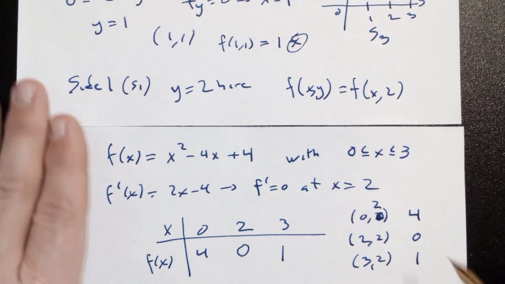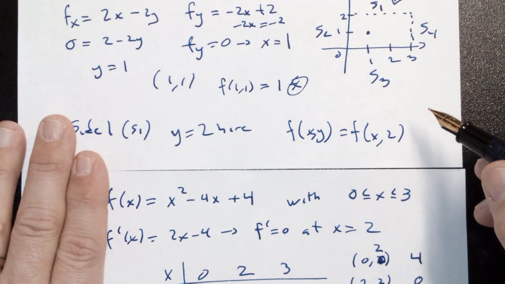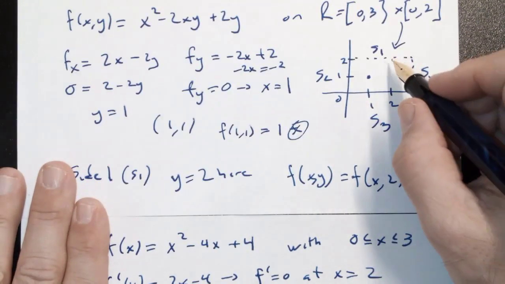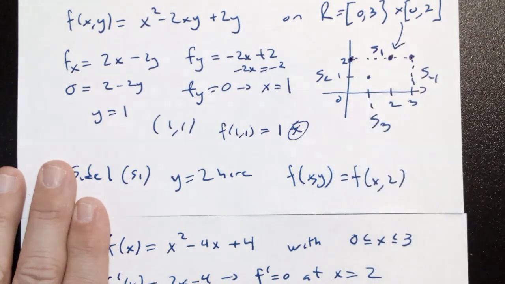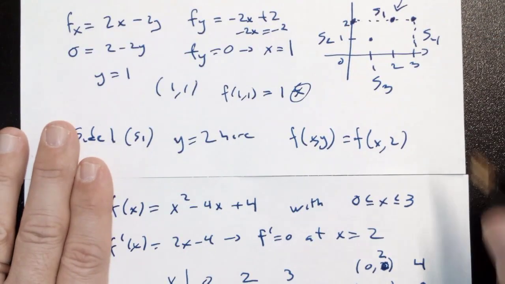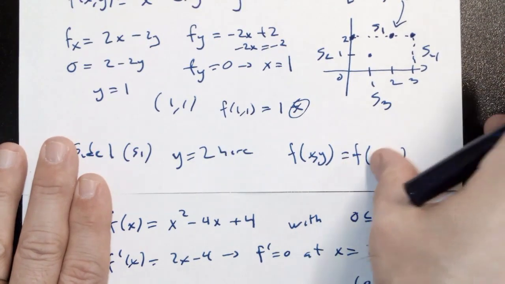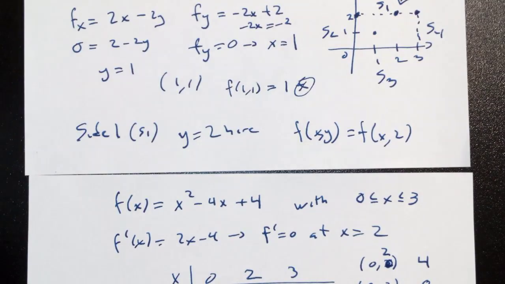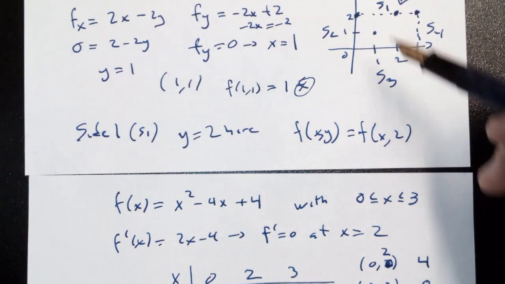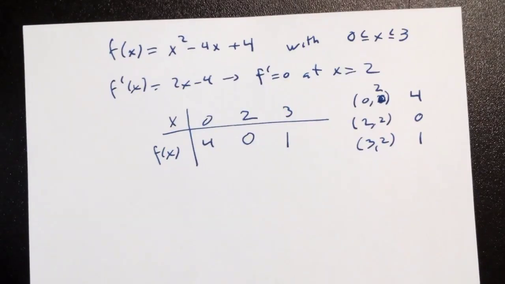Now, again, I could put these numbers on the drawing in the spots, right? Because now I have a critical point here, and here, and here. 0, 2, 2, 2, and 3, 2 are those 3 dots. What do I know about side 2? X is 0. So I repeat this same process.